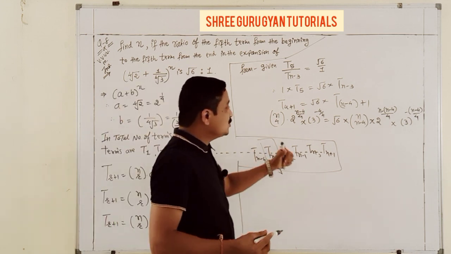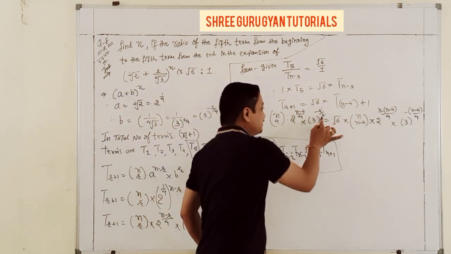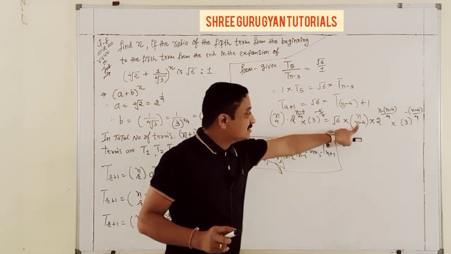Now let's calculate in the easiest way. This cancels; here this and this are the same.